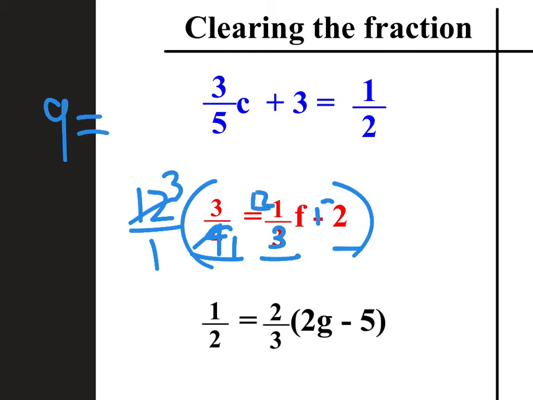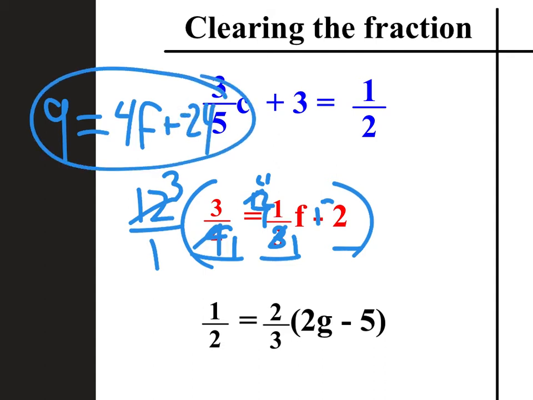When I do a 12 over here, that becomes a 1 and a 4, and I get 4f. And then 12 times negative 2, of course, is negative 24. A lot of people would rather have the equation 9 equals 4f plus negative 24 rather than 3/4 equals 1/3 f minus 2. Again, we've just made the problem 12 times larger.